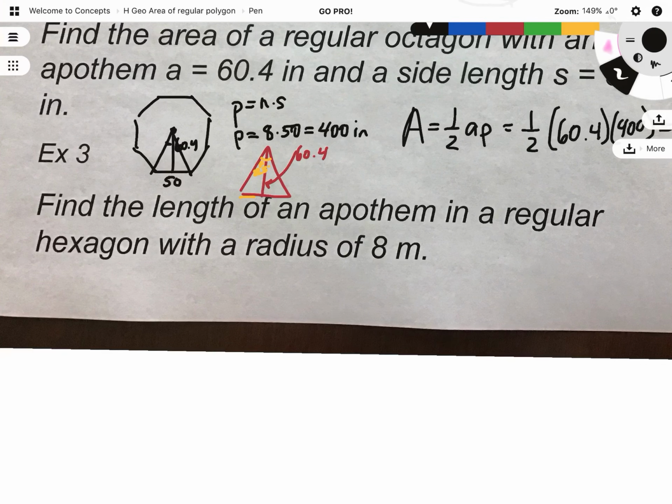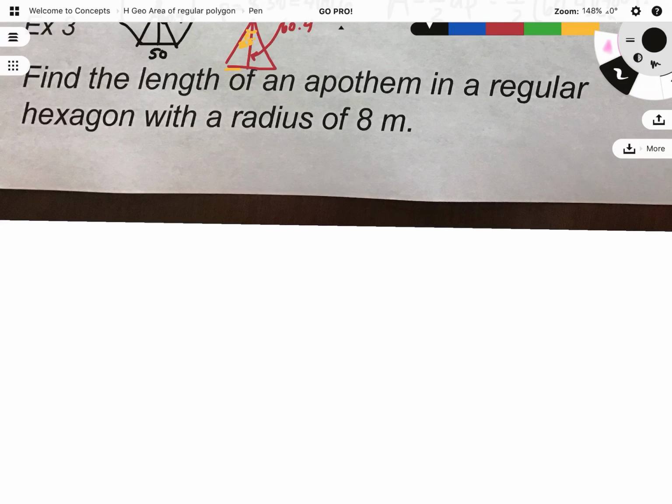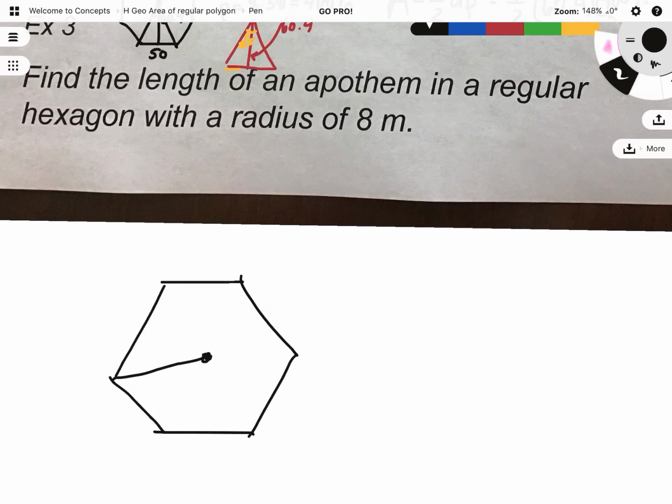And then the last one, find the length of the apothem of a regular hexagon with a radius of 8. So let's draw it down here. Okay, so we have a hexagon. Not too bad, right? All right, so we have a radius of 8. So what does that mean? That means it goes from the center to one of the vertices.